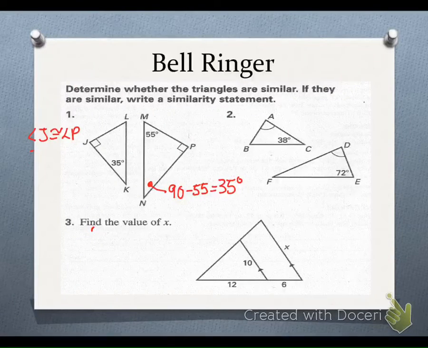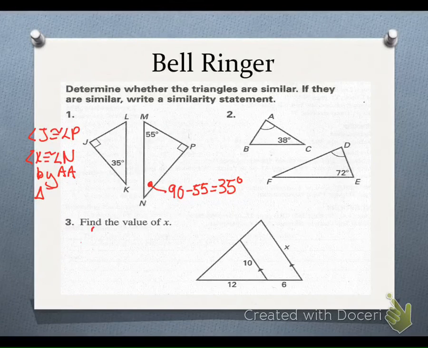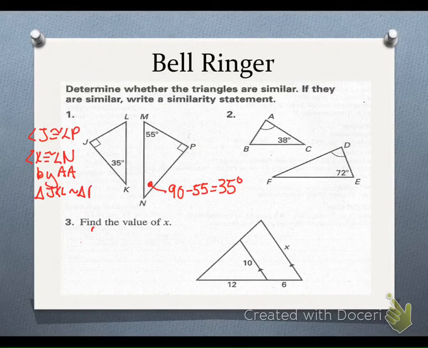Angle K is congruent to angle N. And therefore, we can now say by AA, triangle, I'm going to start with my right angle, JKL, is similar to triangle PNM.